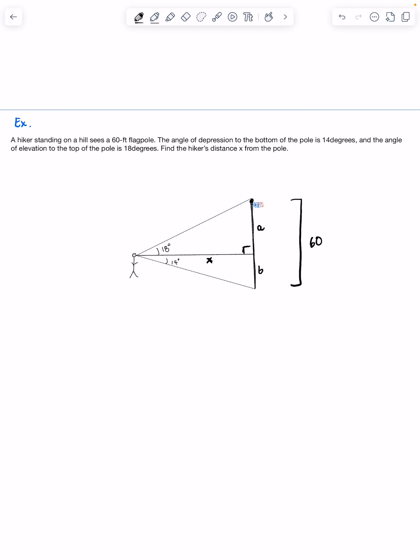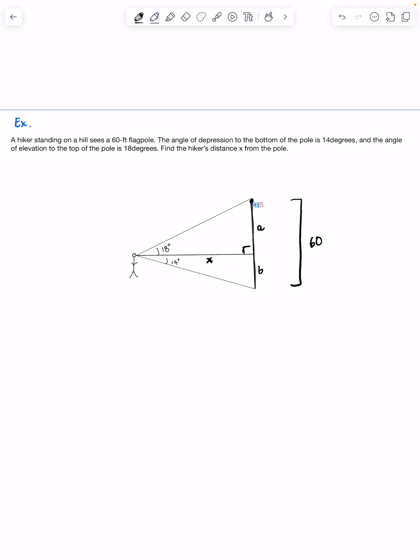Alright, so we're going to use that to help us. Now that we have at least a label going on, we can at least set up some equations and try to figure out what's happening. So the relationship between A and X in that top triangle, so I'm looking at the triangle with the 18 degree angle. So 18 and A and X. Well, A is across, so that is my opposite.